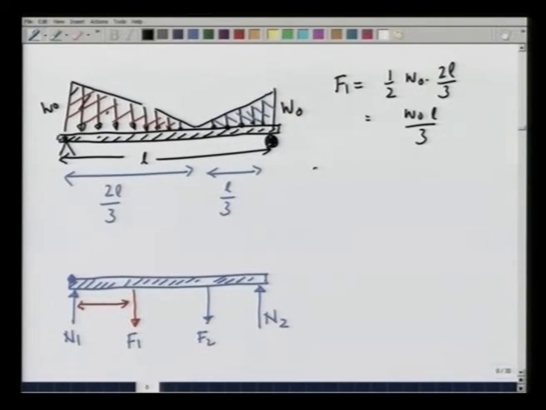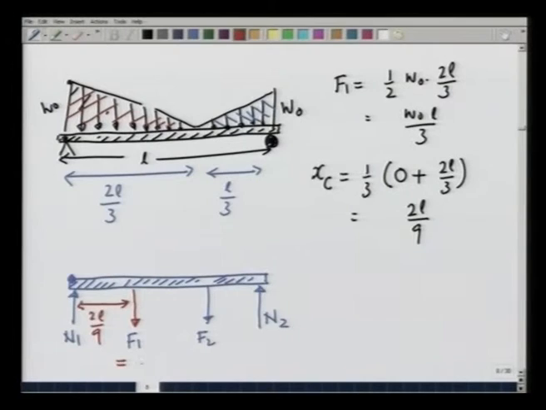The centroid of this triangle x e is going to be equal to 1/3 of (A plus B), in this case A is 0. This is the point where A is, and B is 2 L divided by 3. So, this is acting at 2 L by 9. So, this distance is 2 L by 9 and F 1 is equal to W naught L by 3.